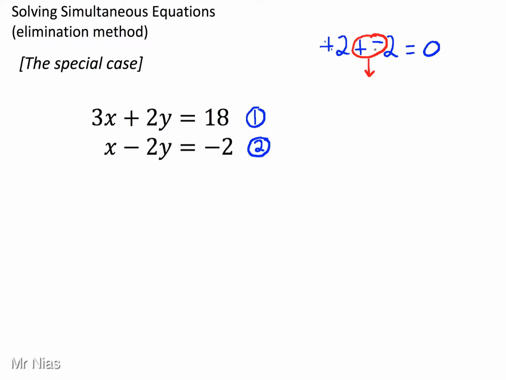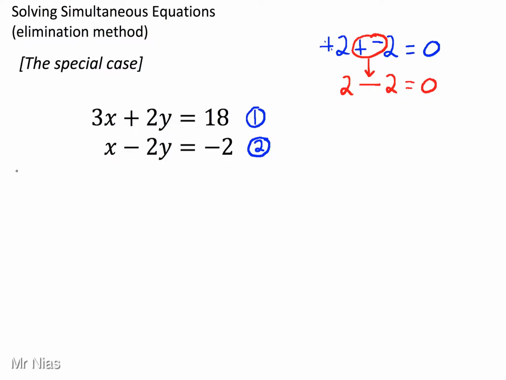I don't like that. I need to change it. And if the signs aren't the same, I always say they're not friends. So plus and minus, they're not friends. It's a negative, so it turns into a negative there. So my positive 2, take away my other 2, turns into 0. Okay, so that's why I'm going to add my two equations together.